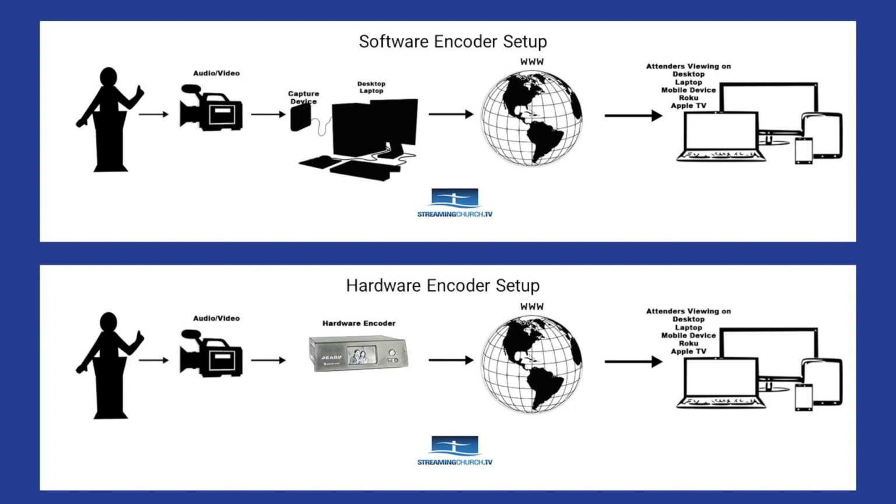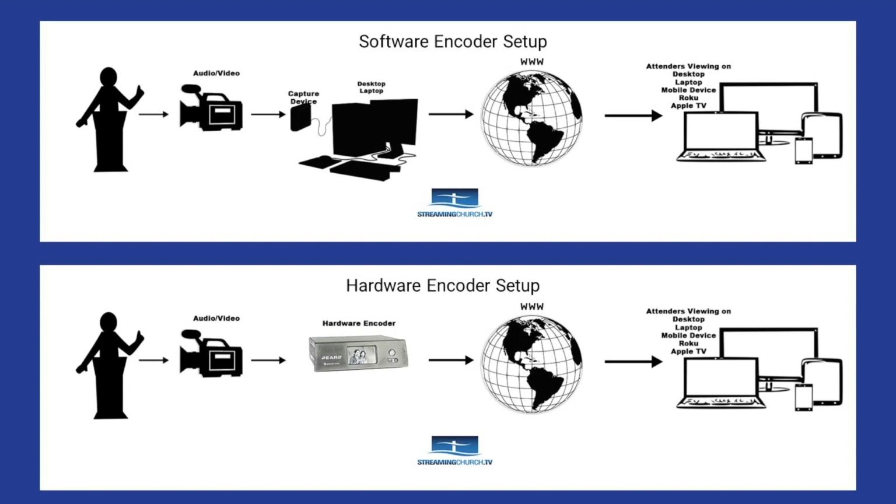And that's a small device that basically is converting the signal so that your computer can then process it. In your computer, you're using encoding software, OBS or Wirecast or vMix or many others, a software that then is going to do the encoding process to send to the internet.